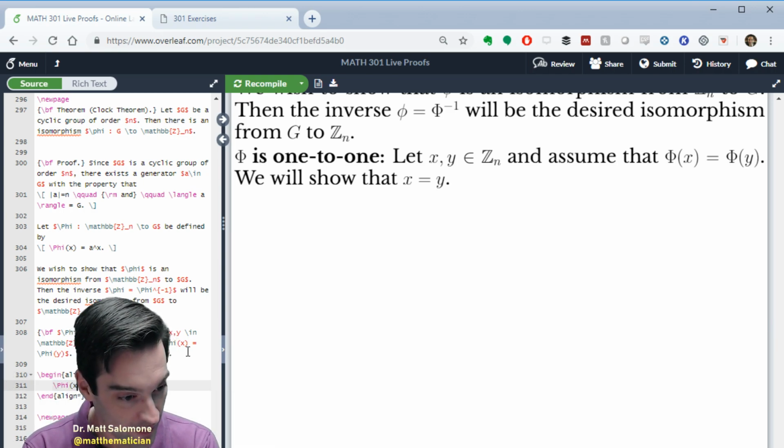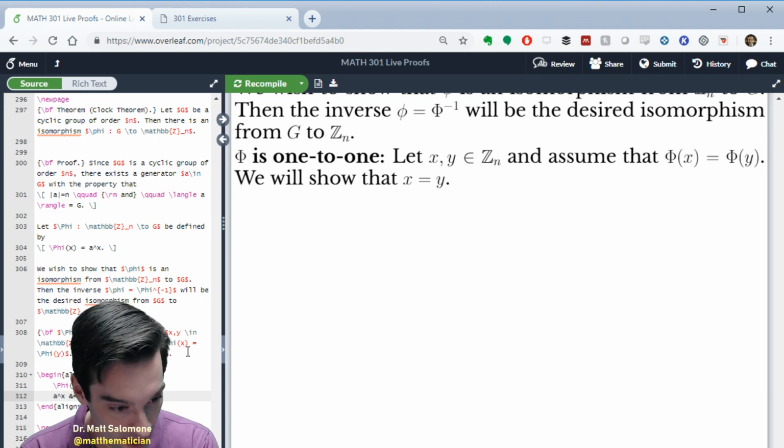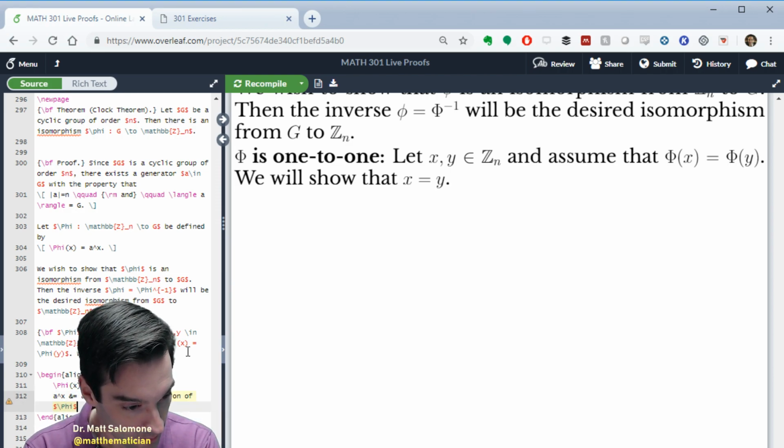So phi of x equals phi of y implies that a to the power x is equal to a to the power y. And that's just by the definition of my function. Right?